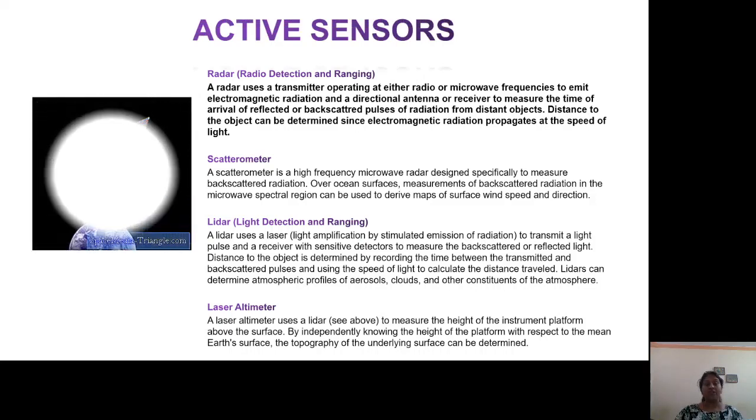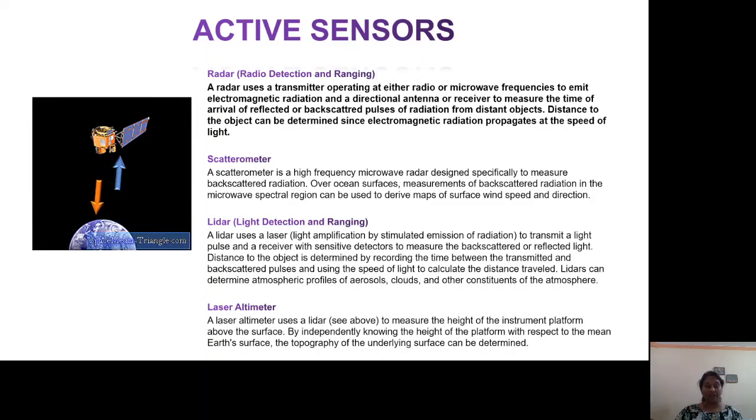It operates in the radio or microwave range, emits electromagnetic radiations, and measures the time to find the distance of the object. Then the scatterometer, a high frequency microwave radar to measure backscattered radiation. LIDAR, light detection and ranging, uses a laser to transmit a light pulse and a receiver with sensitive detectors to measure reflected light.